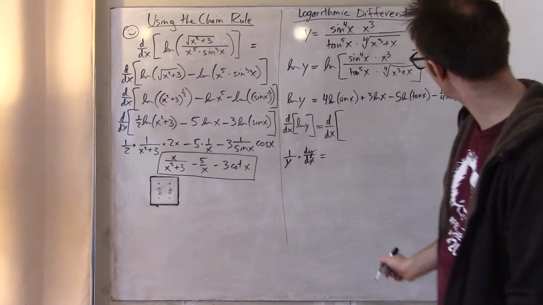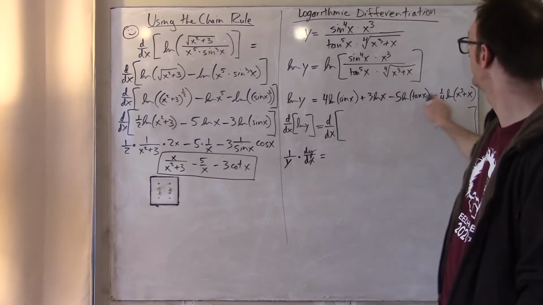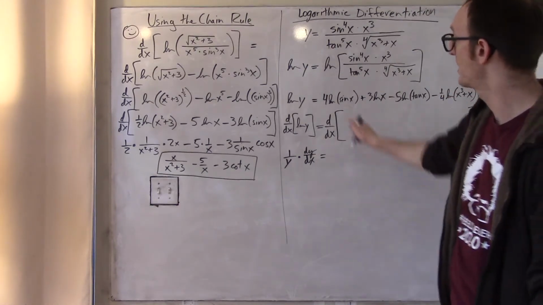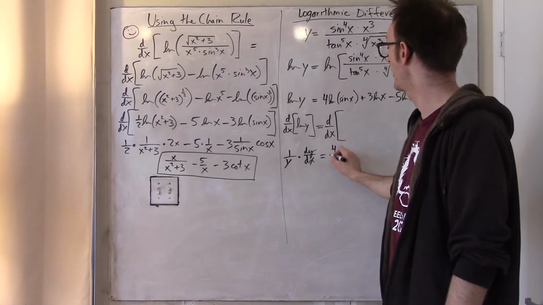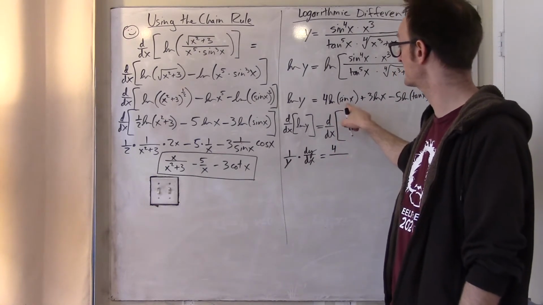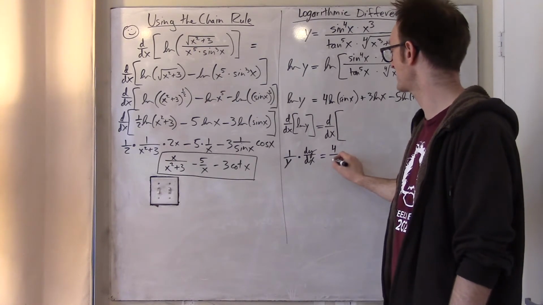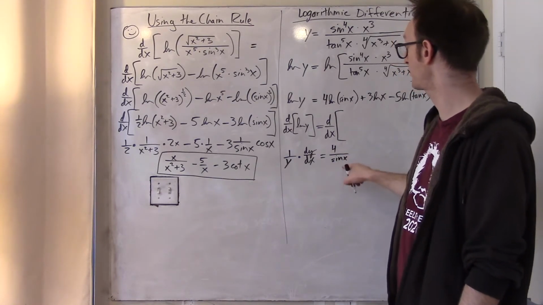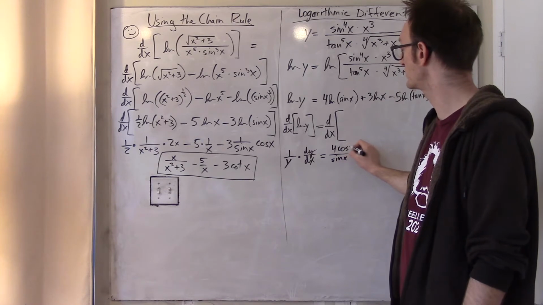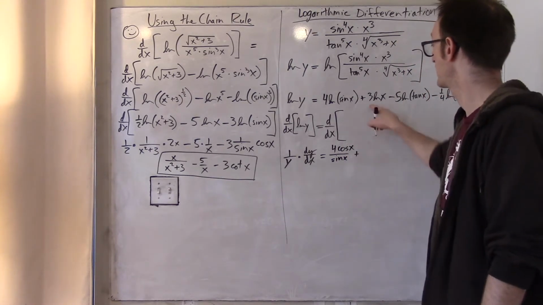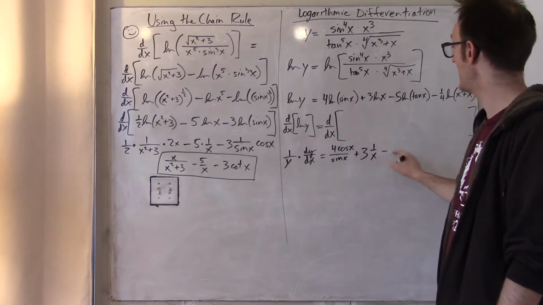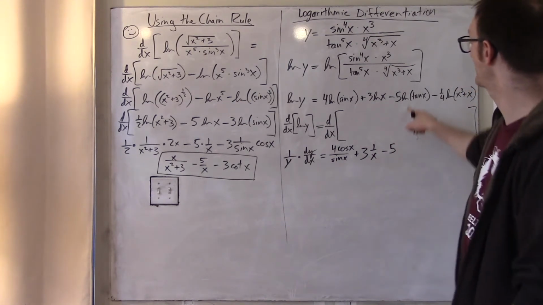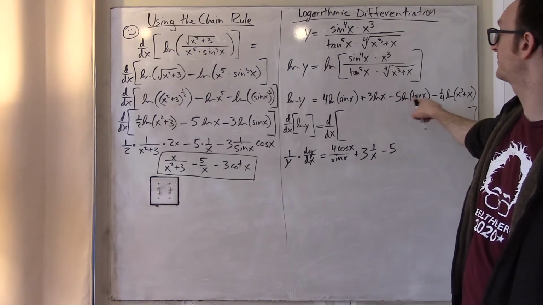And on the right-hand side, now we just go boom, boom, boom, boom, boom, and we do 4 quick derivatives. 4 ln sine, so that's going to be 4 times the derivative of ln of something, which is 1 over that something, times the derivative of sine, which is cosine, plus 3 times the derivative of ln x, which is just 1 over x, minus 5 times, what's the derivative of ln of tan x?